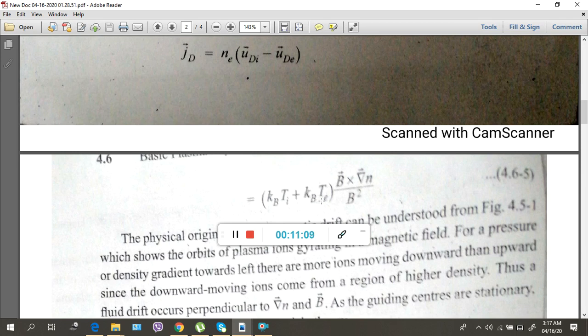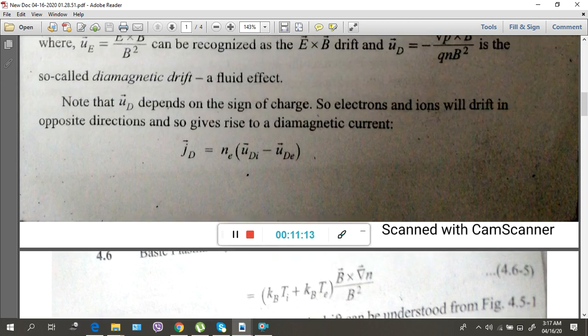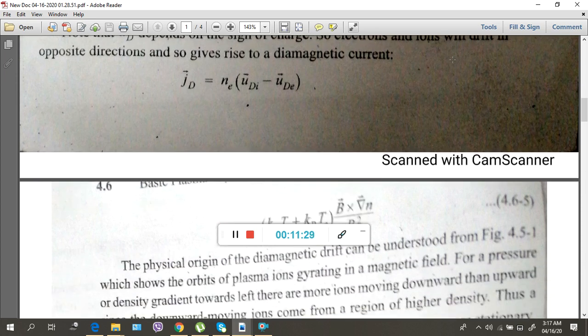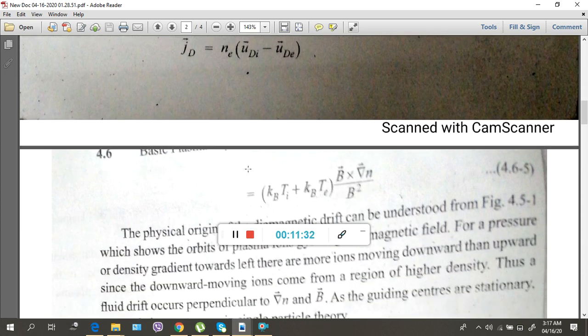NKT, and from here N is cancelled, and we have KB TI plus KB TE, B cross delta N over B square.